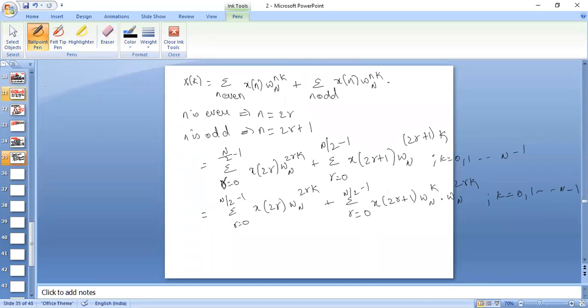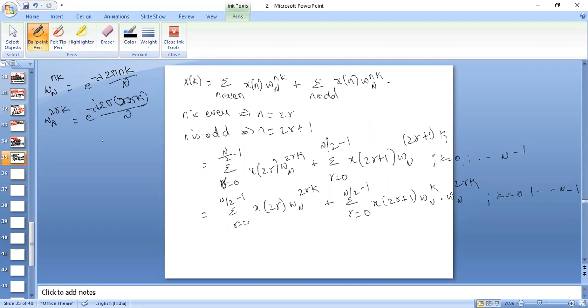See, what is omega n power nk? Omega n power nk is equal to e to the power of minus j 2 pi nk by capital N. So what is omega n power 2rk? It should be e to the power of minus j 2 pi into 2rk by capital N, right?